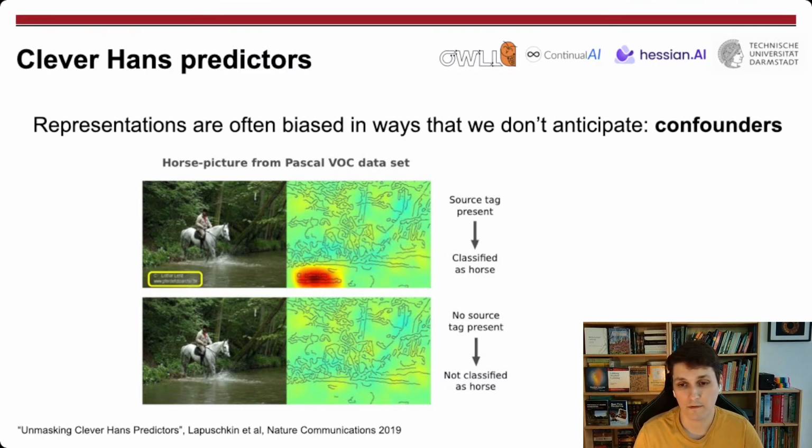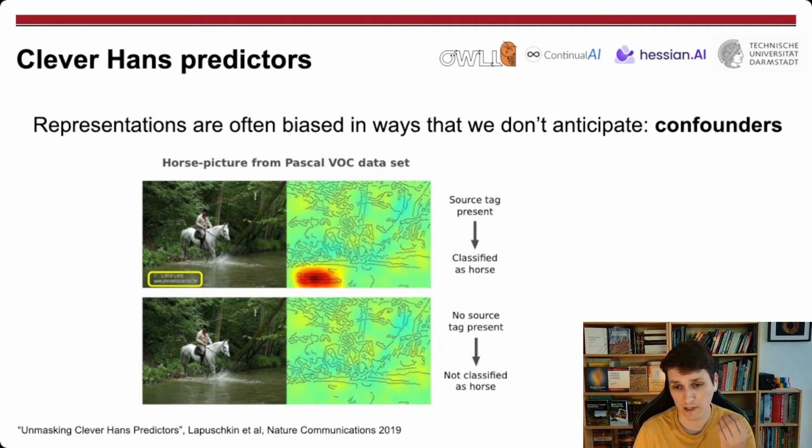And if you have these photography tags, what the neural network eventually learns is, oh look, that's a really easy feature: if this photography tag is present, then my image must contain a horse. And if you remove this tag here, you'll see that there's no region of actual activation, and it's not classified as horse anymore.